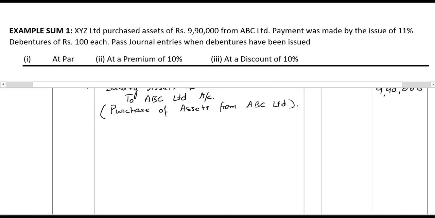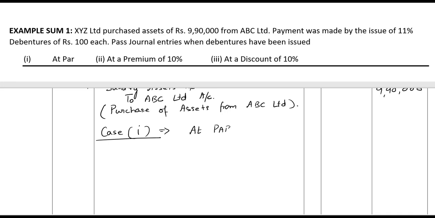Now we will go to each case separately. Case 1, it is at par. The journal entry is the name of the vendor, ABC Limited account debit.